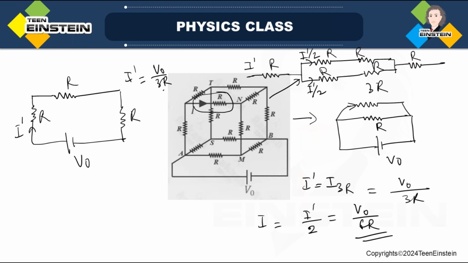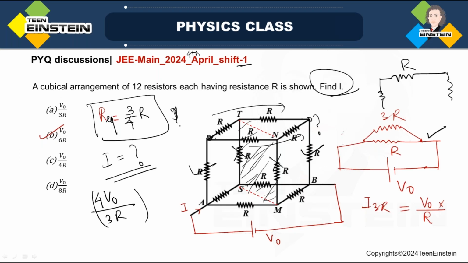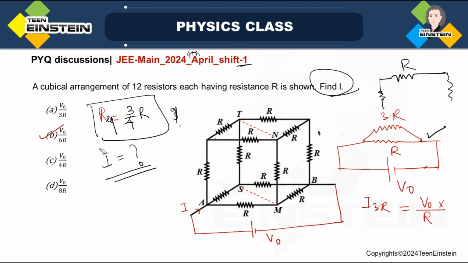We had to find out the current in this resistor. I'm sorry for choosing the wrong figure yesterday, and we got confused because of that. According to the figure, we will not be able to match any option, but if I take the actual figure, then we will get the right answer, which is V0 by 6R. All right, so I had clarified this.